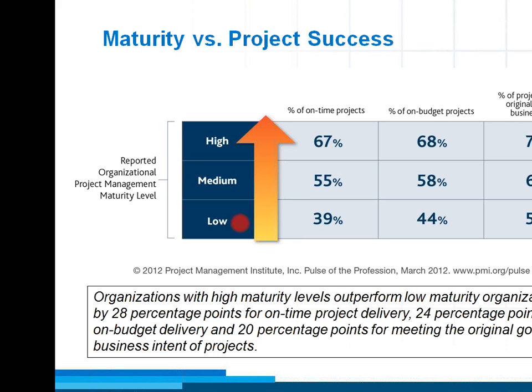Organizations with low maturity came out with 39% on-time delivery, completed 44% of projects on budget, and 53% of projects were completed with original goals and business intent, whereas the percentage increased as the maturity moved from low to medium and high. So this shows that organizations with high level maturity outperform low maturity organizations.